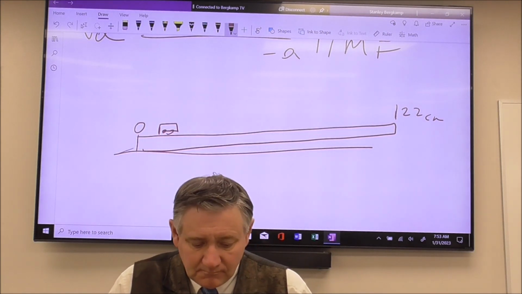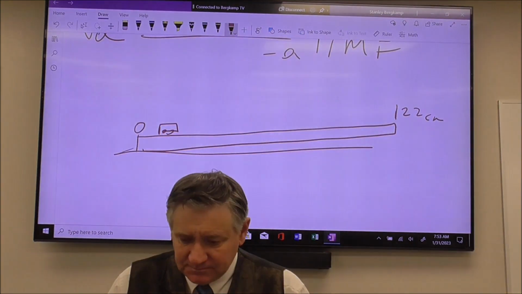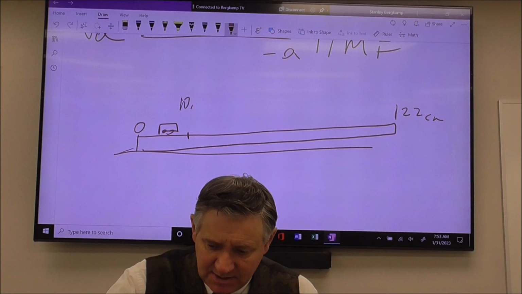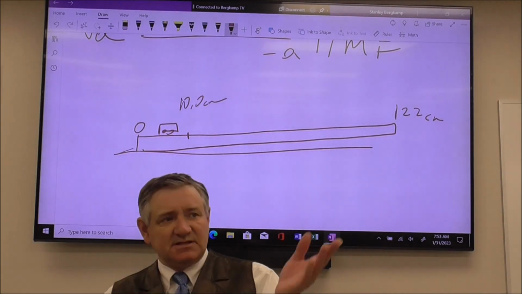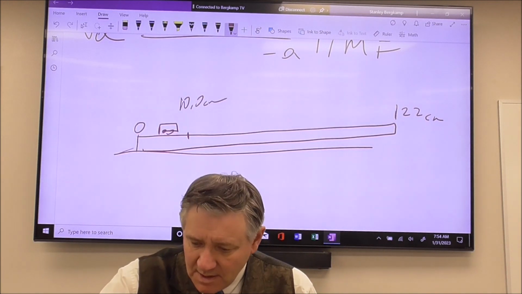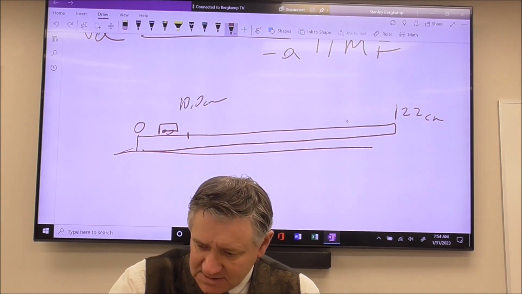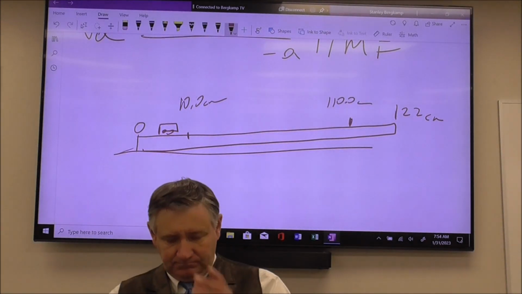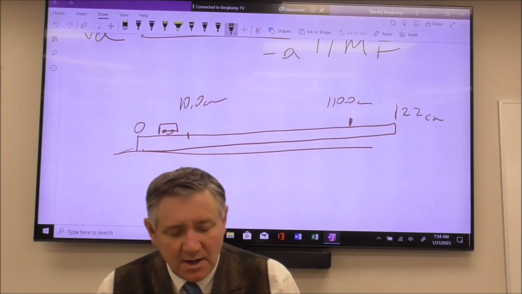So here's what you're going to do. Let's say, for example, I'm going to mark this, and let's say my initial position is 10 centimeters. That's where it was when we started the analysis. And it rolls up here, and let's say the front of the cart ends up here at 110 centimeters. Those are my 2 points.